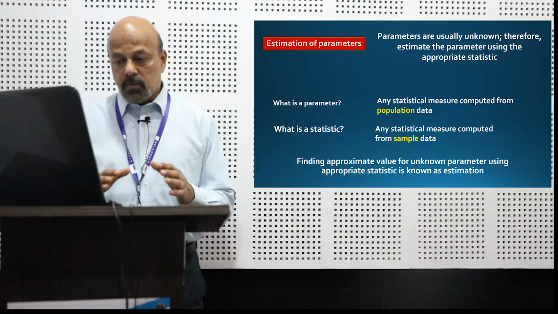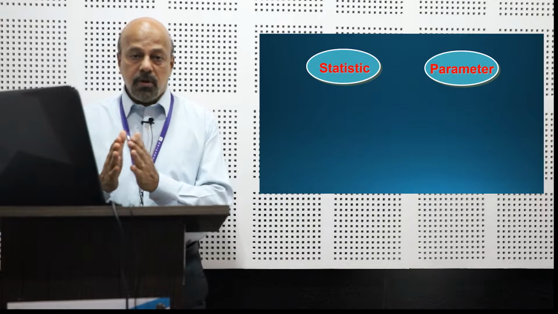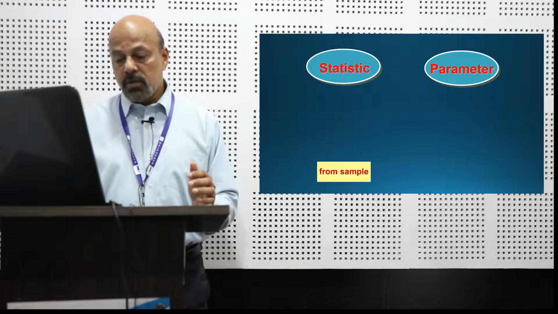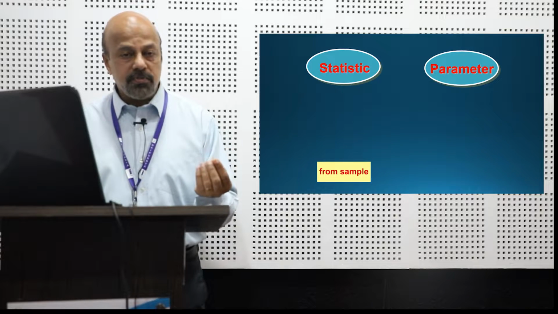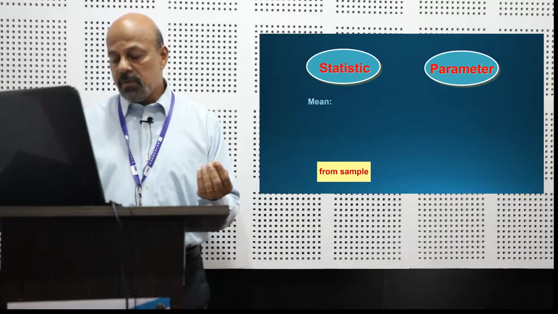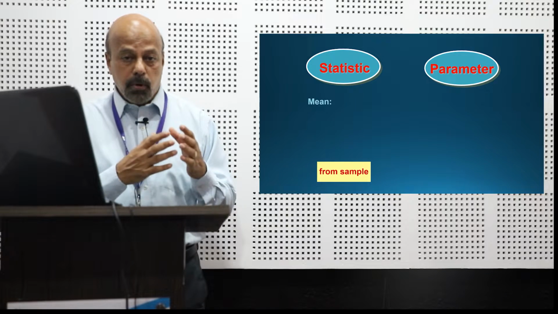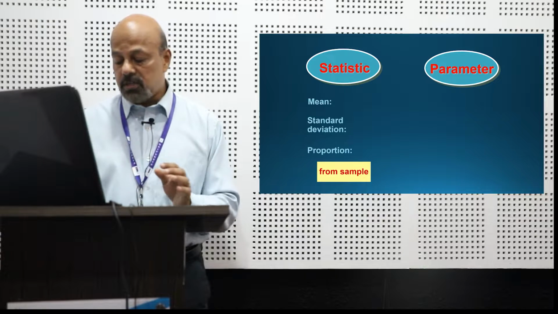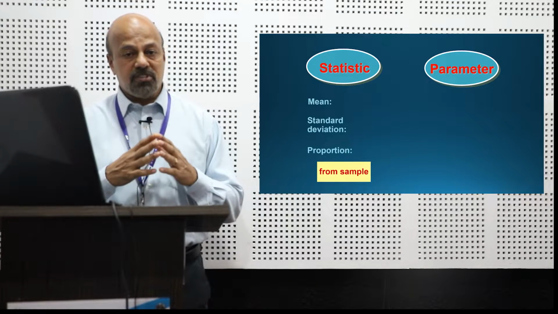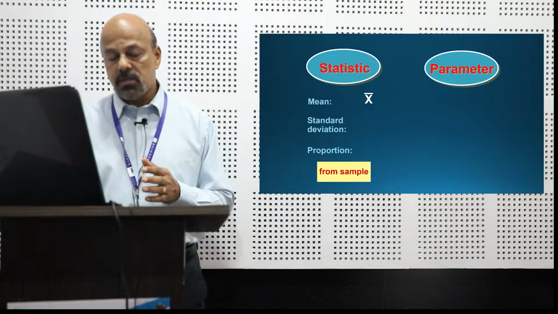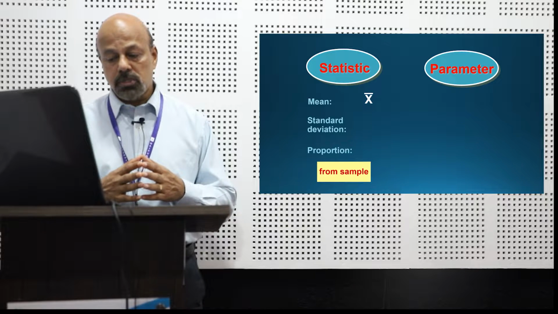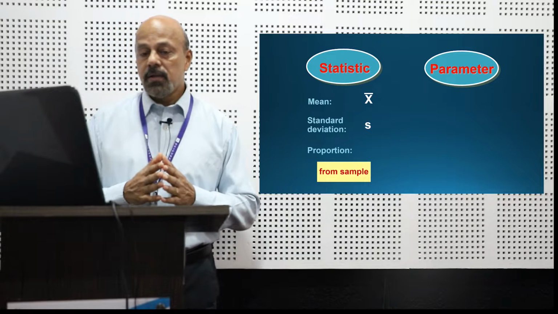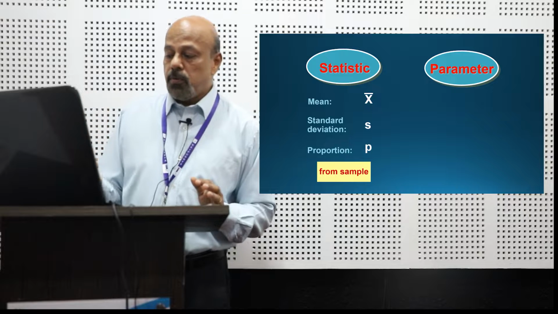So when we talk about statistic and parameter, how do they differ? A statistic is related to the sample. Examples of statistics are the mean, standard deviation, and proportion. Mean is represented by x bar, standard deviation by small s, and proportion is denoted by small p. And when we look at a parameter, it is related to the population.